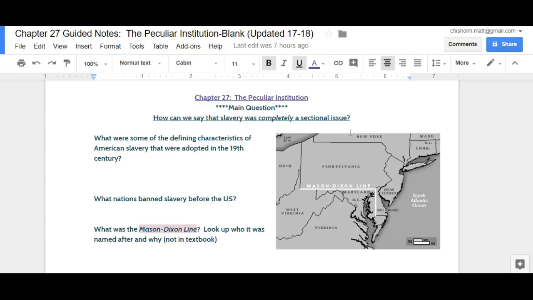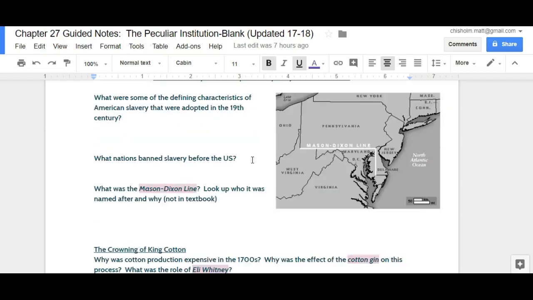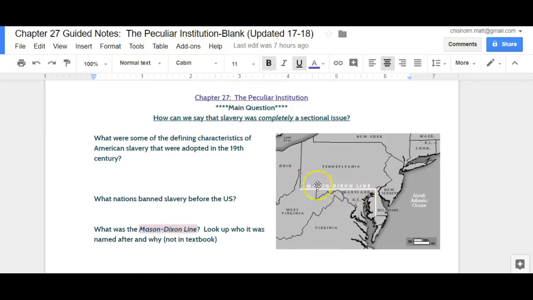The slave trade is gone in 1808, and Great Britain and Mexico are on the way to banning slavery completely. The U.S. holds on and holds on and holds on because so much of its economy is tied to it.